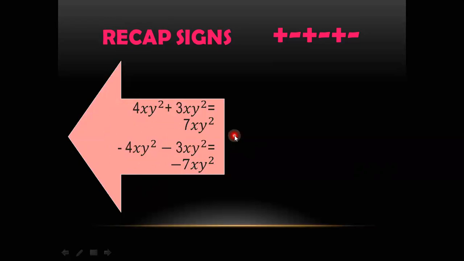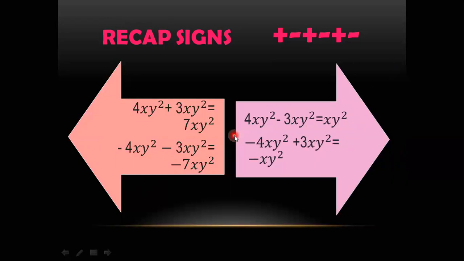Now I will show you another case. यहाँ आप देखें 4 के साथ प्लस का साइन है और 3 के साथ माइनस का साइन है. When we are adding them, हम कहेंगे यही कि we are adding them, but actually we will subtract the coefficients. I will do it like 4 minus 3 is equal to 1.